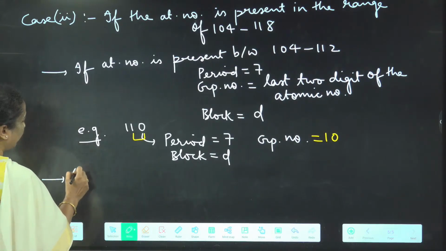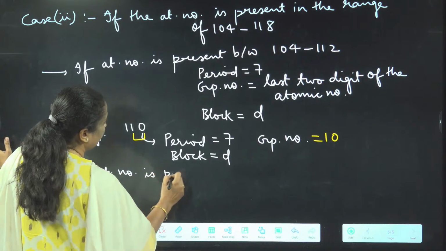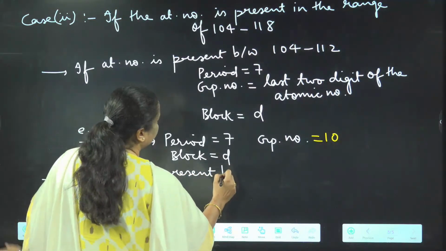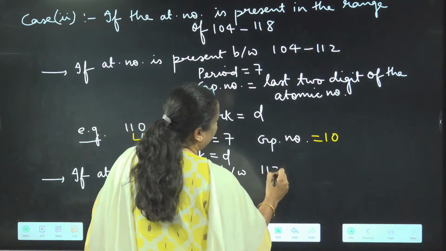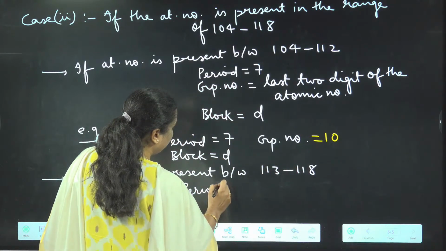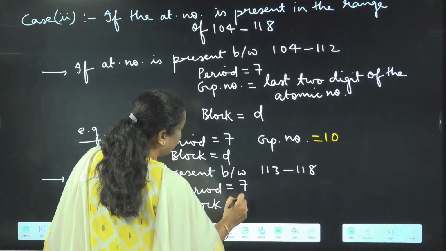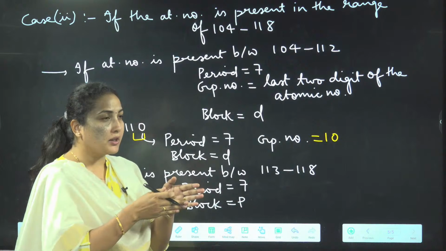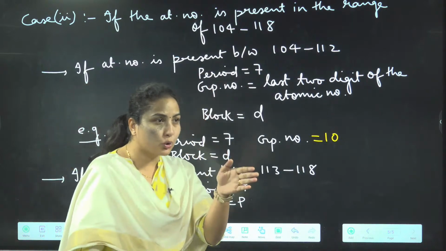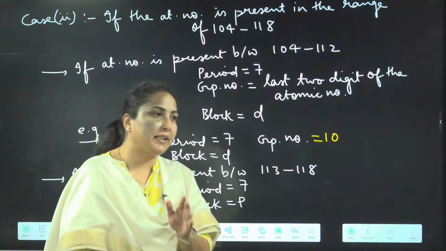Now, if the atomic number is present between 113 to 118. So again here, period is fixed, which is 7th. Block this time changes to P block because 113, which is nihonium, it belongs to group 13. And then you proceed towards 118, which is group 18 element.